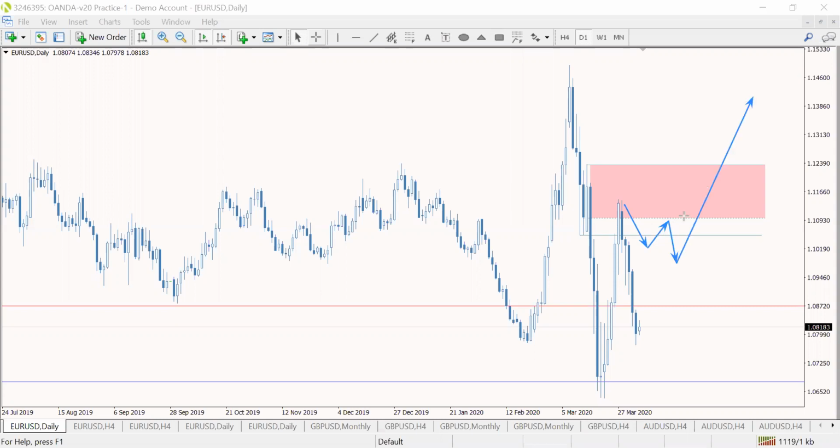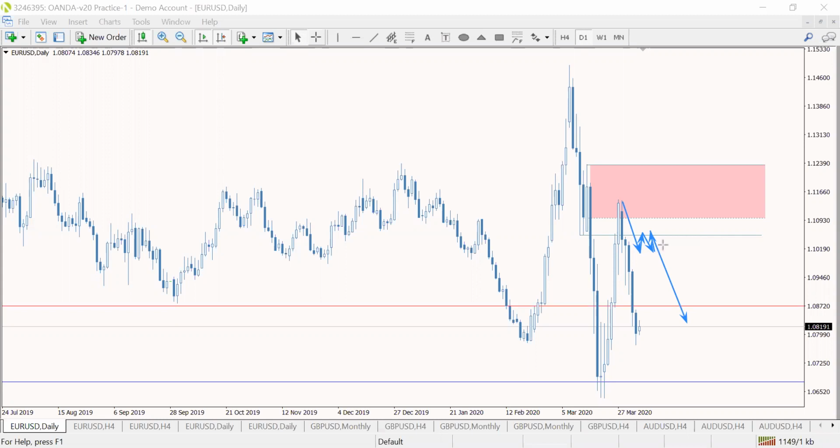That's scenario number one. Then I said scenario number two, it can give us an impulse, correct, then move down. It has followed scenario number 2.